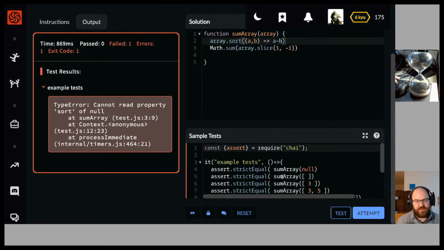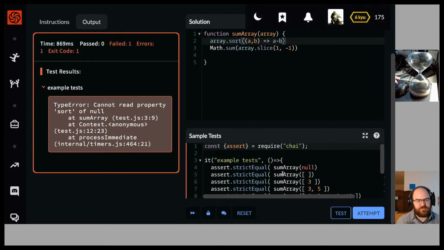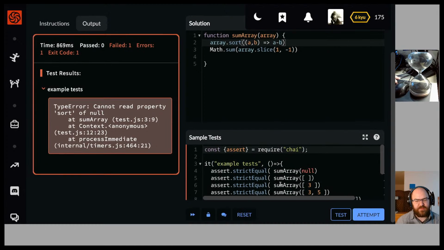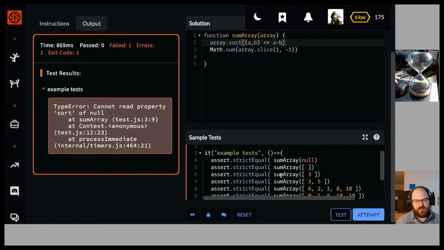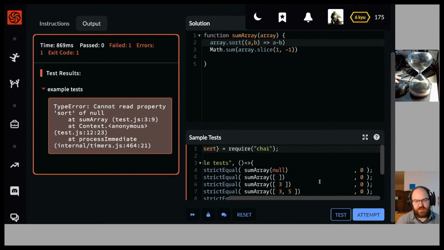Oh yeah, I have to validate our input. So what are we supposed to return? Okay, fine.